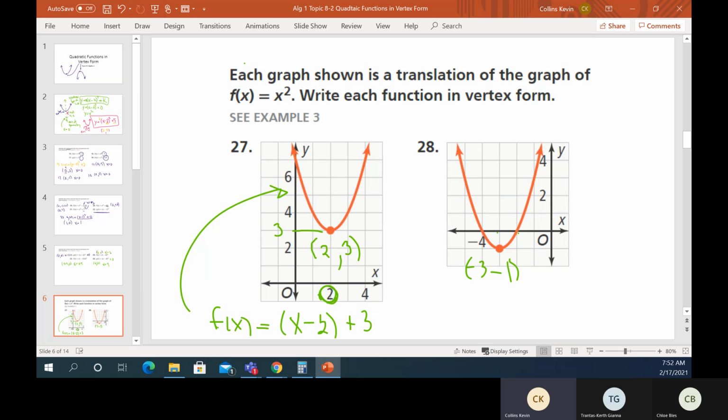Perfect. And then to write the equation, we say f of x is going to equal x, switch the sign, plus 3 squared minus 1. That's your boy. So far, vertex form, not so bad, right?